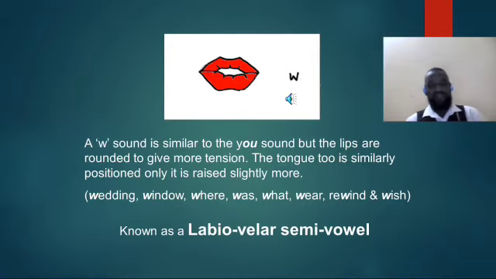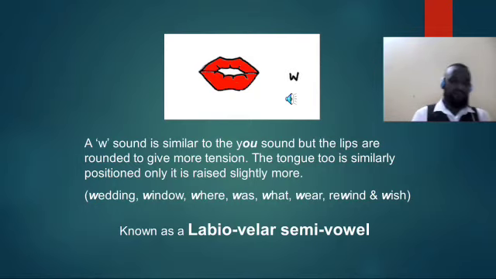For example, if we say you, and so what, there is a difference in the shape of the lips. Examples: wedding, window, wire, was, what, where, we, went, and which.